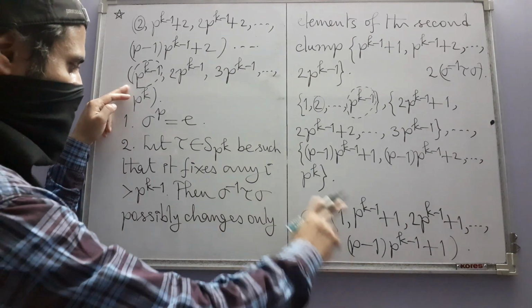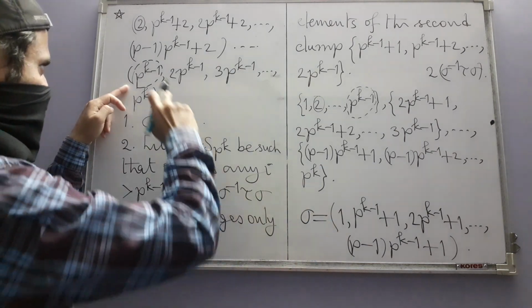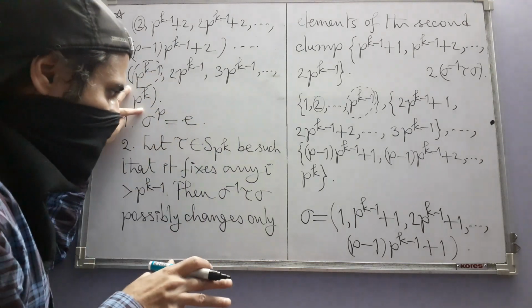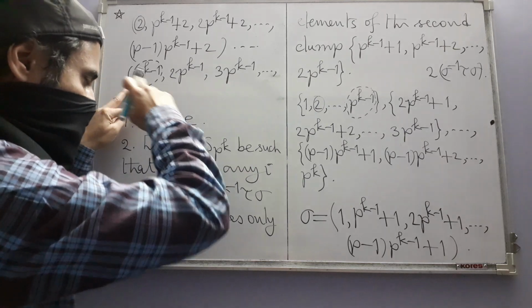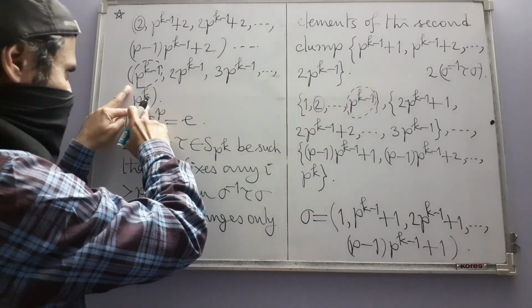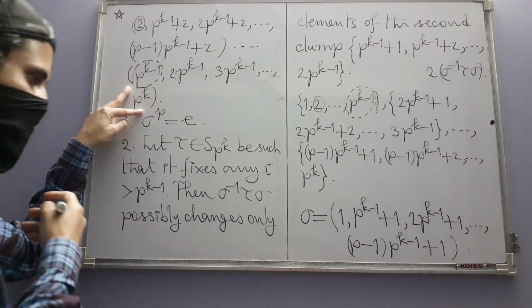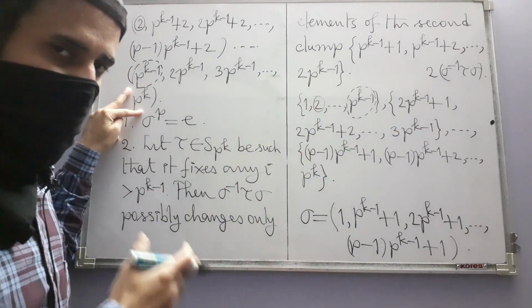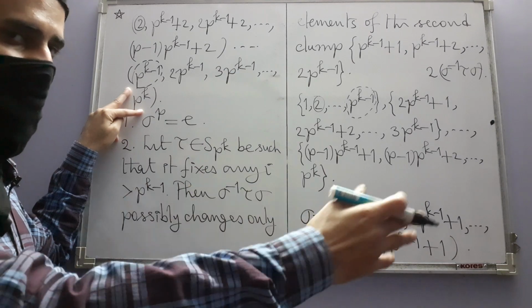On this, if you apply sigma inverse first, it will map the element to p to the power k, on which again, just like that 2 case, tau has no effect, because p to the power k is far from the region of influence of tau. It's in fact the farthest away.